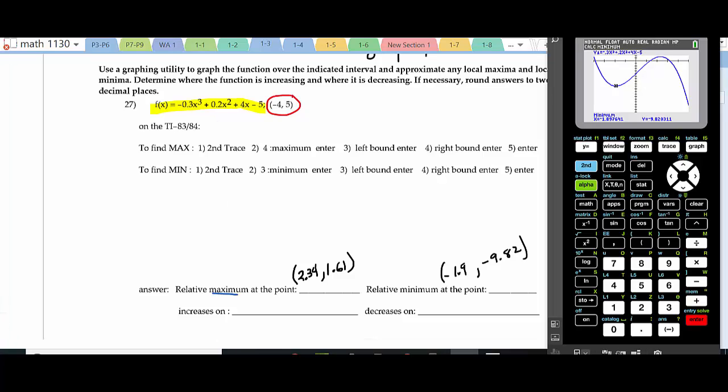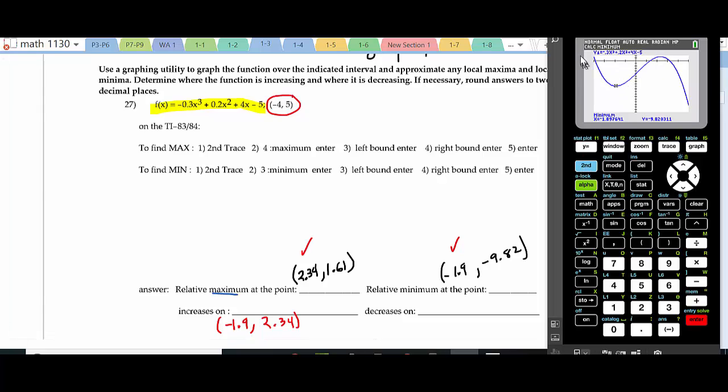Now if we do the intervals on here, what you're going to find is that it increases from this x value to that x value. So we'll increase from negative 1.9 until we get to 2.34. That is increasing in that region.